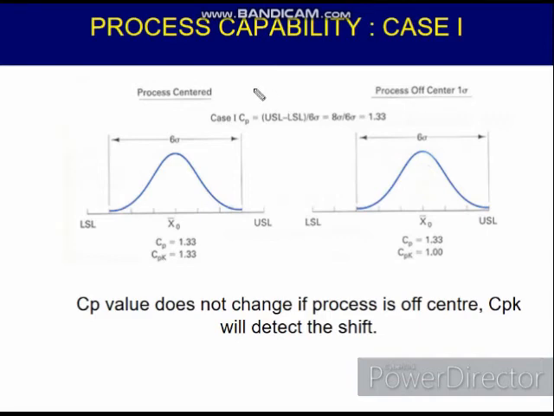For this case number 1, the USL minus LSL is equal to 8 sigma, and the bottom portion of it is equal to 6 sigma.